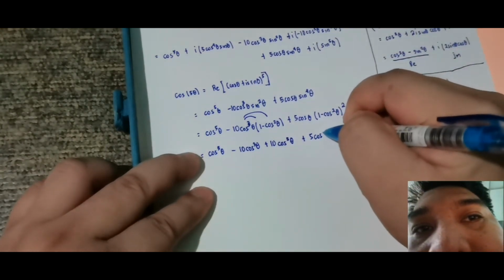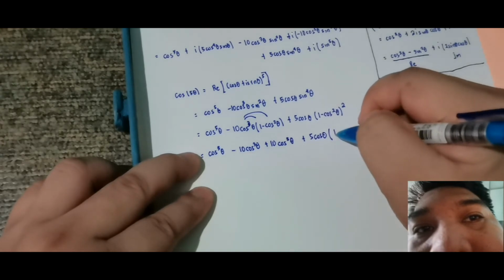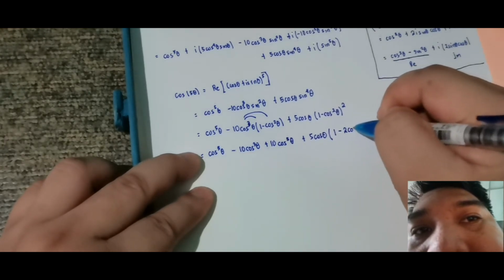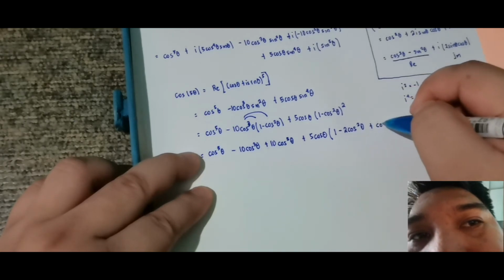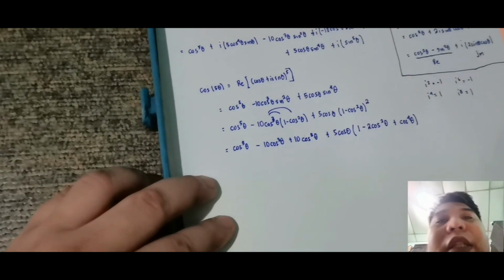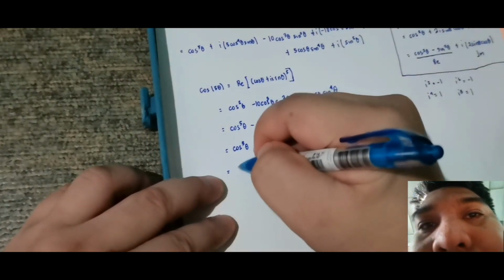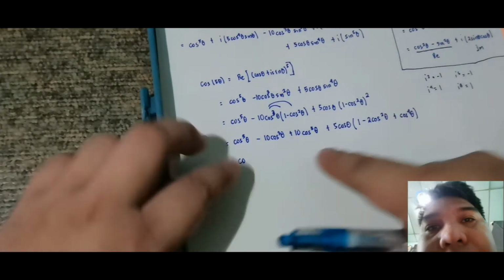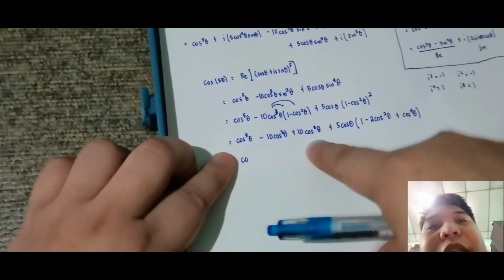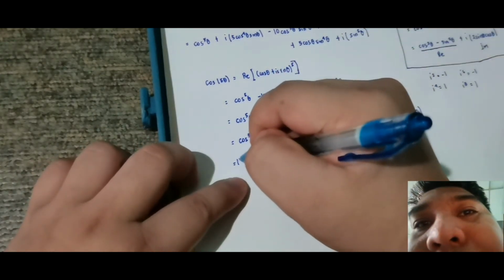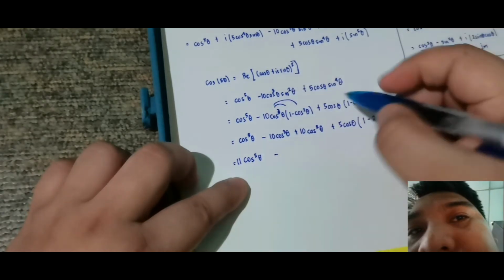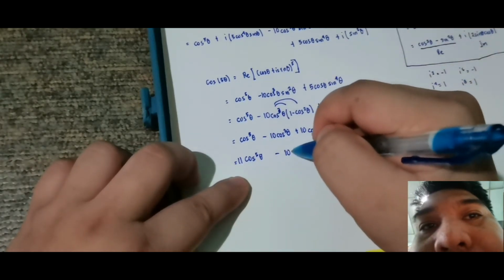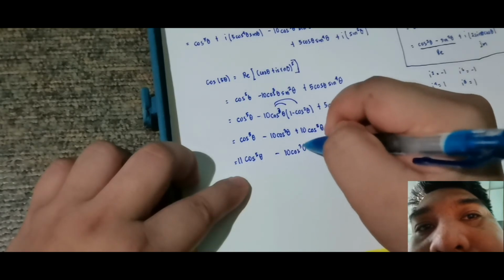Then plus 5 cosine theta, then expand natin ito. This is 1 minus 2 cosine squared theta plus cosine to the fourth theta. Okay, the next is, add cosine 5 theta plus 10 cosine theta is 11 cosine raised to 5 theta minus 10 cosine cube theta.